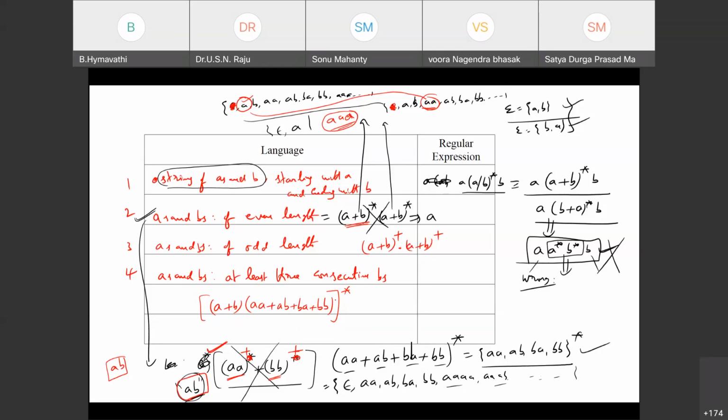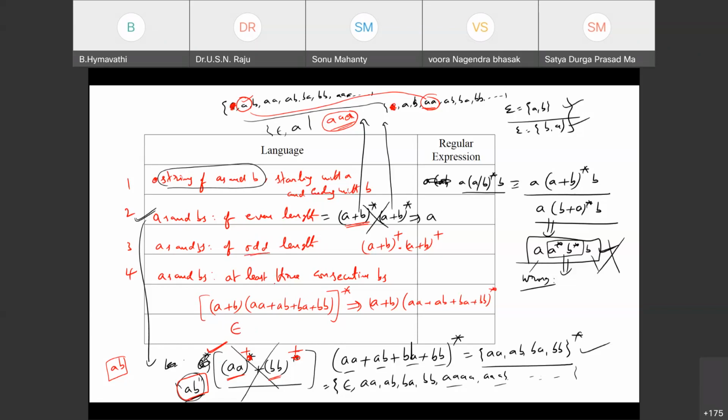What is the problem when you give a star here? Can you give one example? Only A, length 1. Then which one is correct, either that one or A plus B concatenated with this? Because when you give star here, you are getting epsilon, but epsilon is not of odd length.